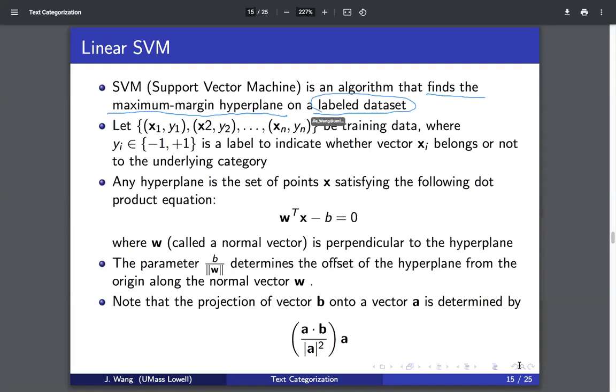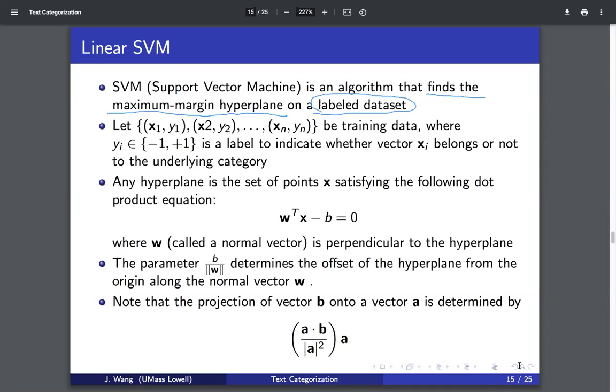So if you have a labeled data set, I want to find a hyperplane to separate it such that the margins from the support vectors would be as large as possible, because that's a better separation. The reason for finding such a separation is to make classifying an unseen object easier, because the larger the margin, the clearer it is, right? It's easier to classify an unseen document.